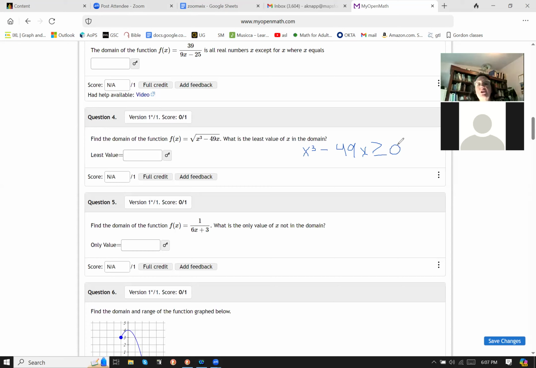Okay, the first thing we'll do here is factor an x out of the left-hand side. So we have x times x squared minus 49 is greater than or equal to 0. And now we can factor x squared minus 49 because that's a difference of squares.